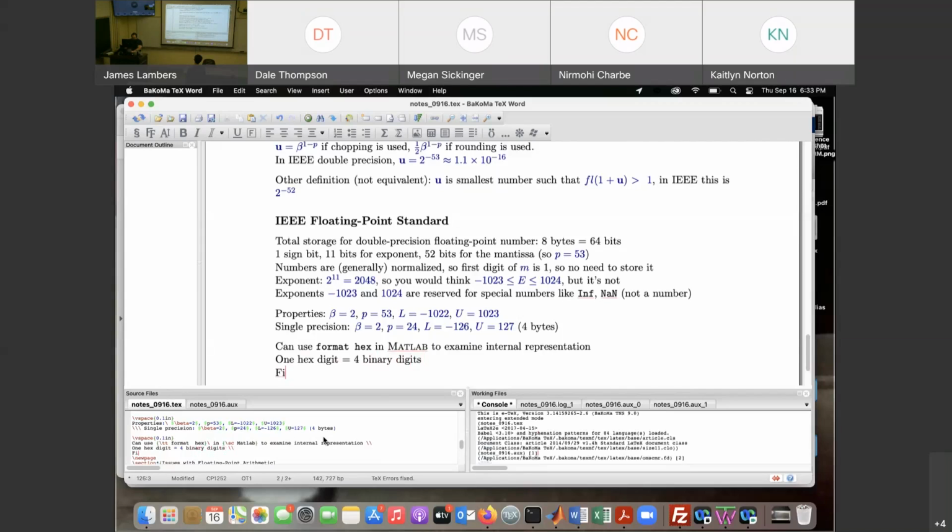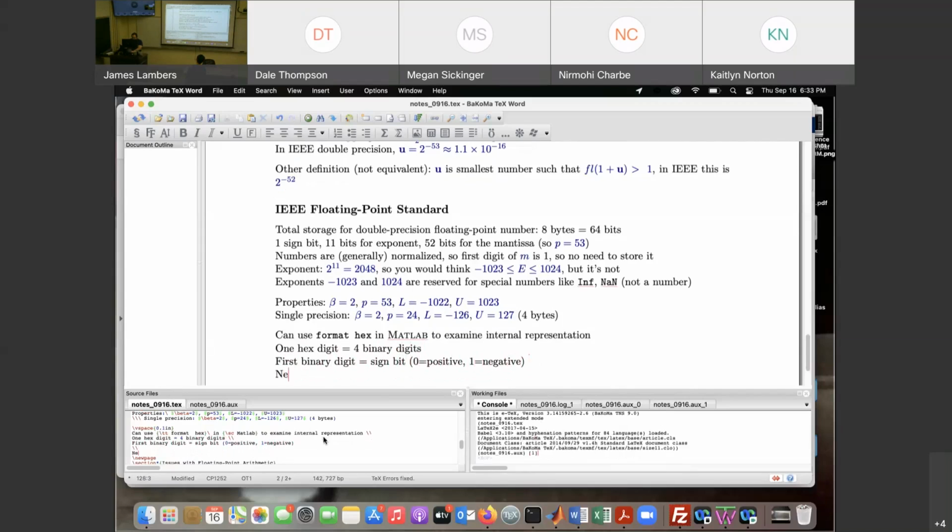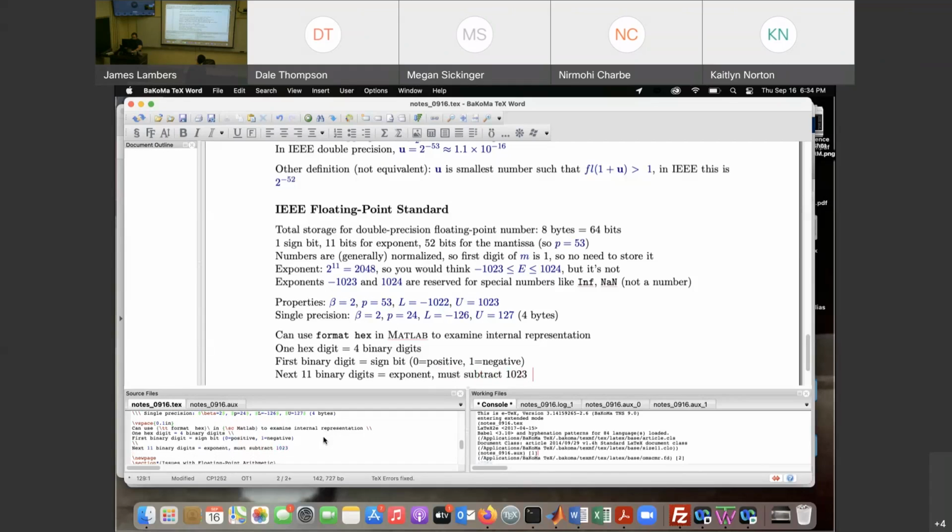And then the first binary digit is a sign bit. Then the next 11 binary digits give you the exponent, but you have to subtract 1023 to get it.